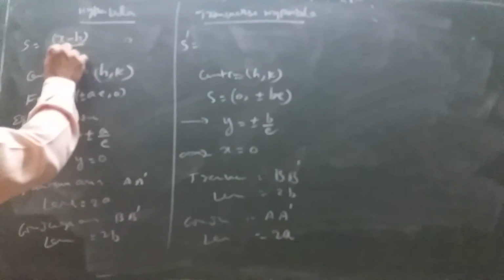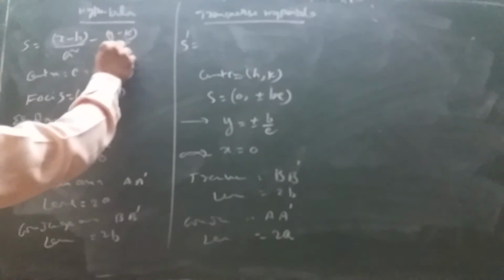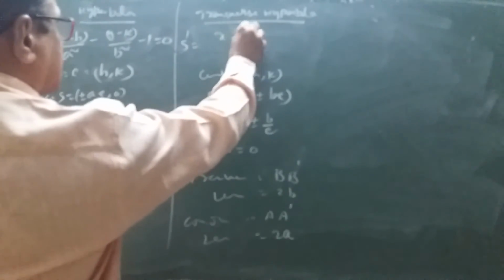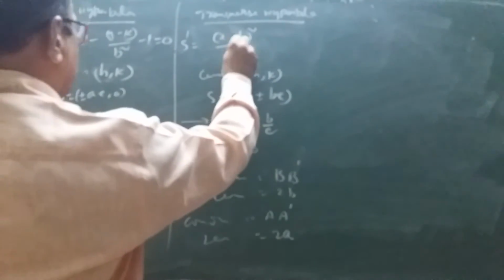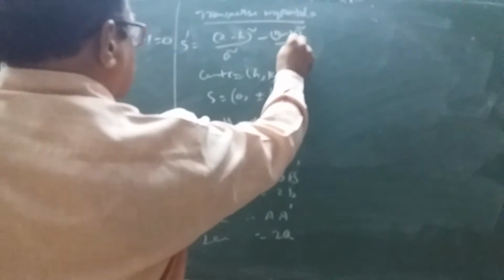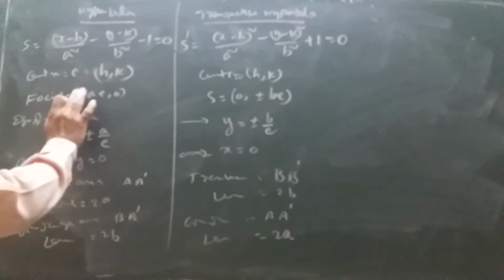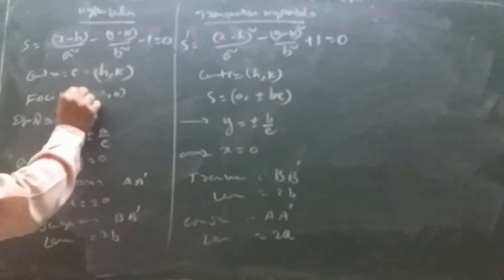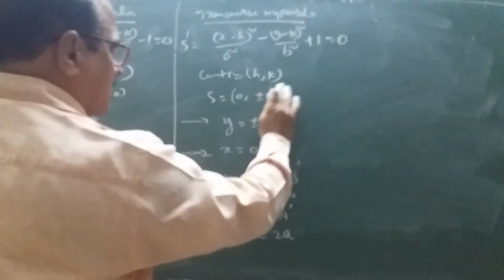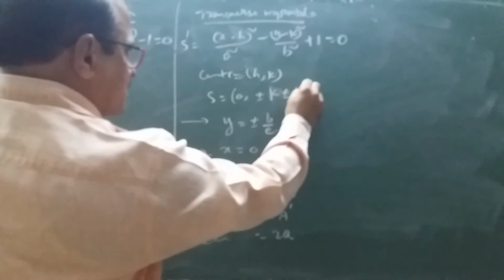Then x minus h whole square by a square minus y minus k whole square by b square minus 1 is equal to 0. Here x minus h whole square by a square minus y minus k whole square by b square plus 1 is equal to 0. What about the foci? Here h plus or minus ae, k. Here h, k plus or minus be.